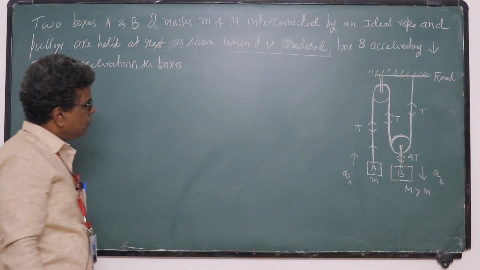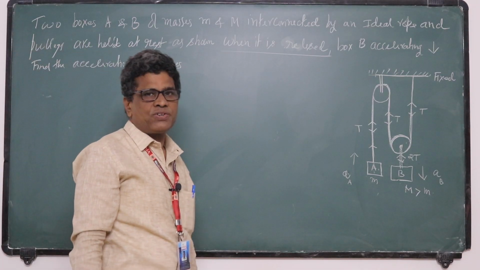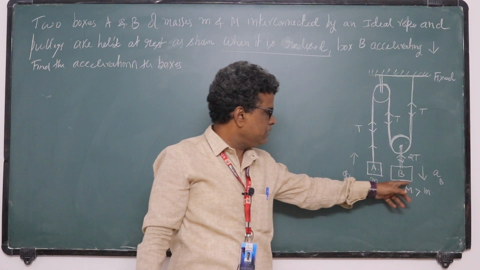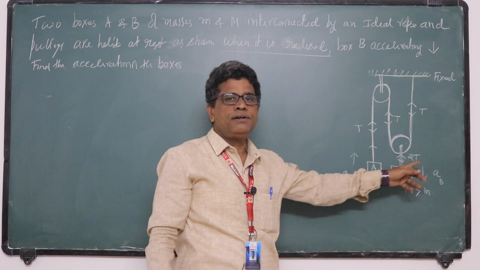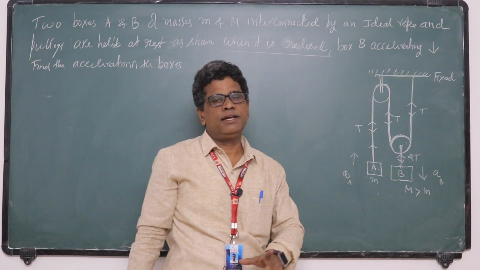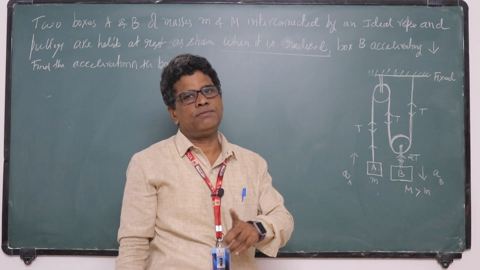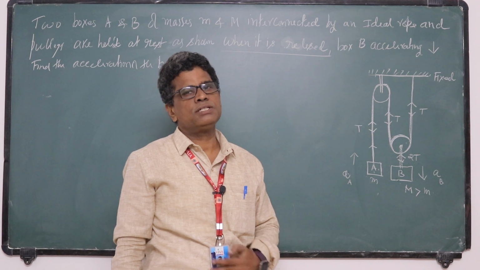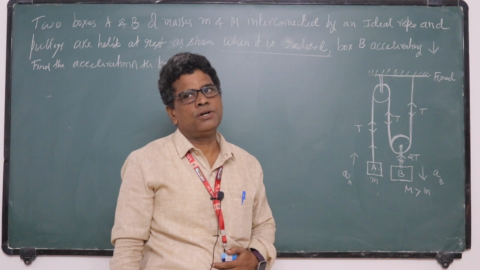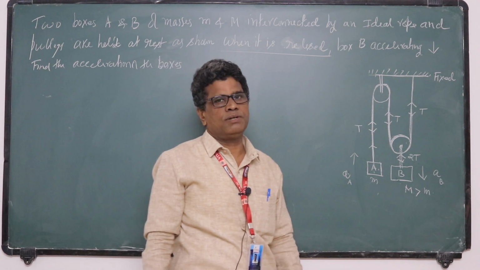Now from constraint equations, first you find the relation between accelerations of A and B by using constraint relations, because Newton's laws is not sufficient here to solve such a type of problems.